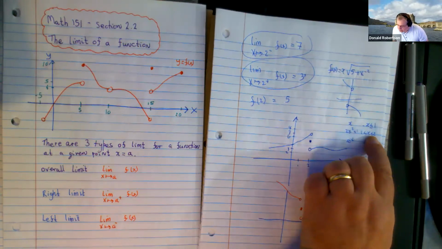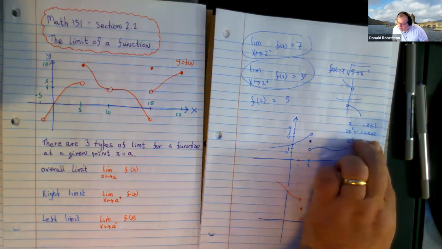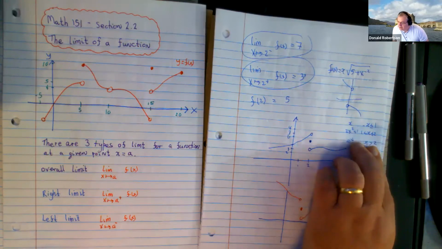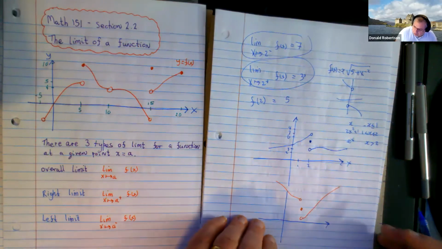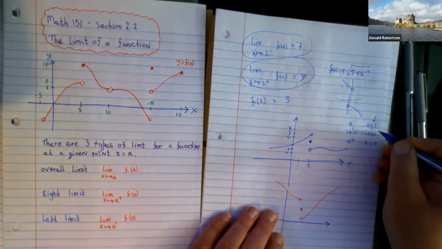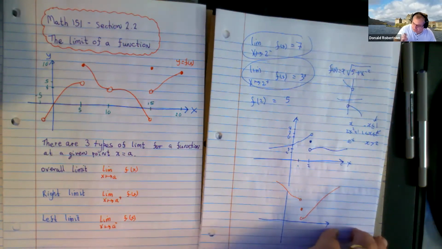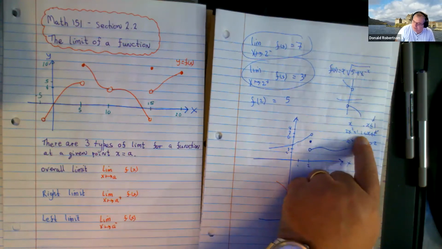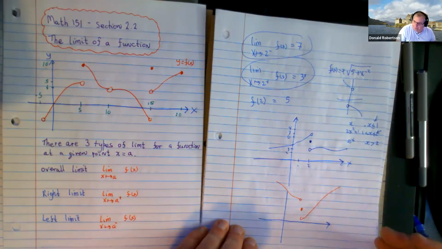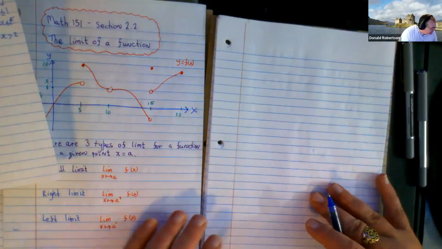At x equals 2, there's going to be a solid dot. Not x equals 1, but x equals 2 for this guy. So that would be at 2, 9, and nothing on this one. So you could find the solid and open dots on a piecewise function very easily by looking at the boundaries, and the values that have the equals are going to be the ones that make the solid dots happen. Right? So you'll have a piece of curve and there might be a solid dot at the end, if that happens, or no solid dot if this happens. That makes sense? Right. So let's look at this fella.